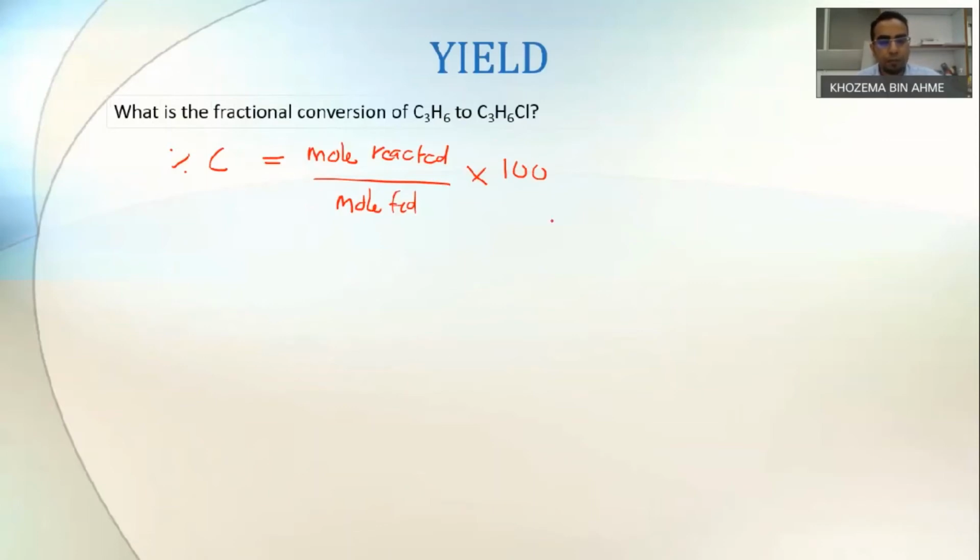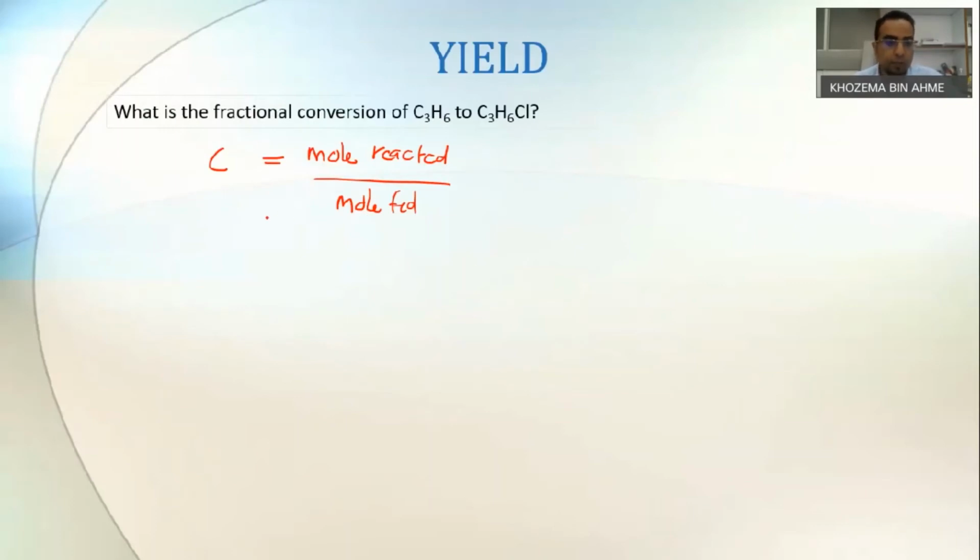This is the formula if you want to find percentage of conversion. But the question is asking for fractional conversion, so we don't need the percent sign, and we also don't need times 100 on the right hand side.